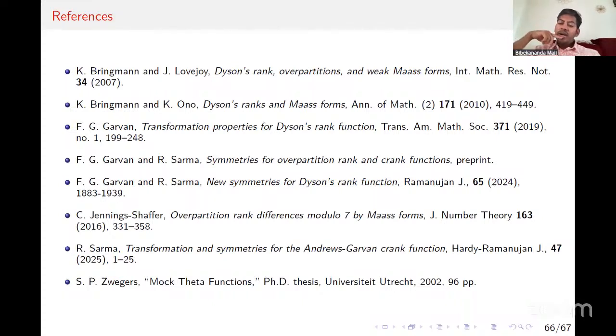Now Ramanujan gave more congruences, like modulo 25 as well as modulo 49, and more generally higher powers, like 5 to the power A, 7 to the power B, or 11 to the power C. As far as I know, rank for those congruences has also been studied.